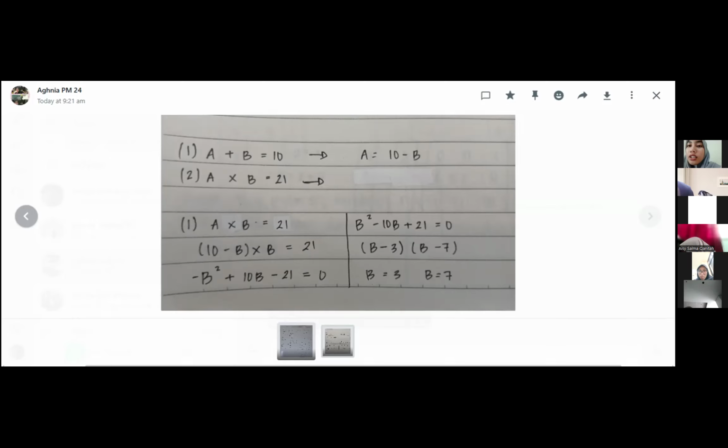The equation factors as b minus 3 and b minus 7. So b equals 3 and b equals 7. Thank you.